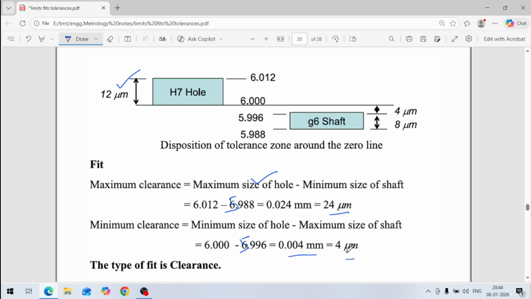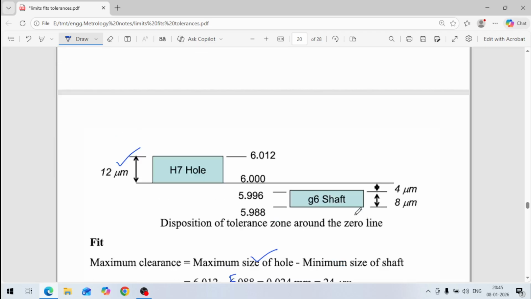That means 4 micron. So clearance is 4 micron to 24 micron. So this type of fit is a clearance fit. It is a class of fit.